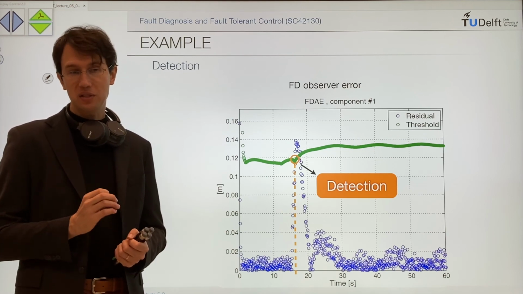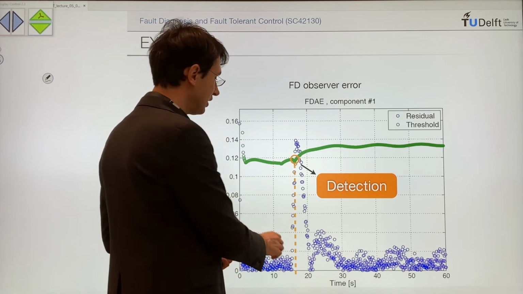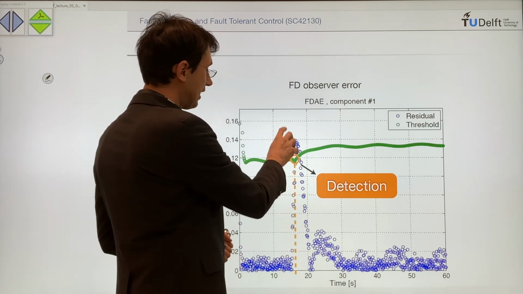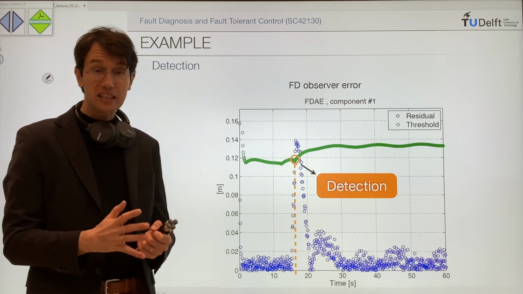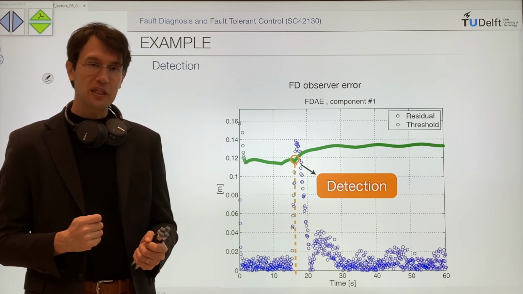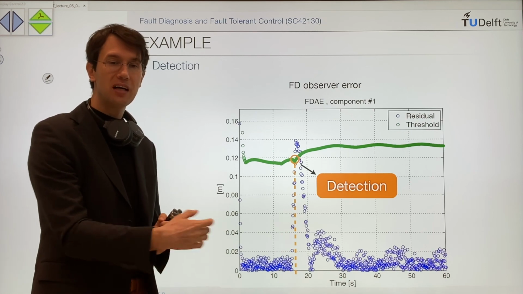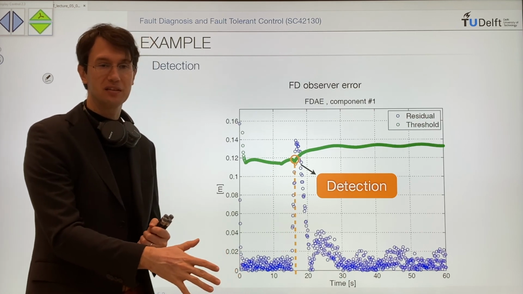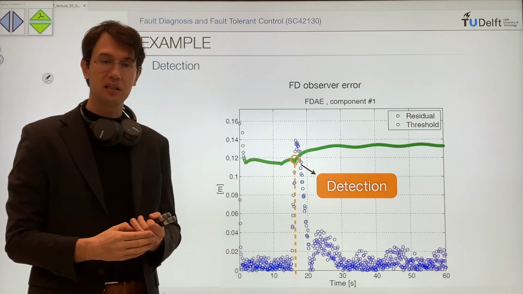So the only way to detect a fault is for the fault to be big enough and fast enough to initially take the system far away from the estimate of the observer, at least for some time. And during that time, you have a detection.